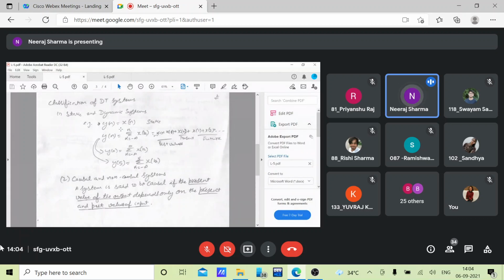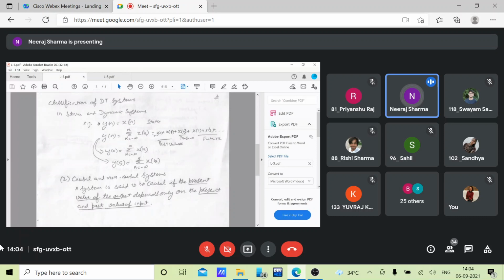If you expand this mathematical expression, that is y of n equal to the sum of x of k for k from minus infinity to n, it will become y of n equal to x0 plus x1 plus x2 and so on for the positive values of k, and for negative values of k, it will be x of minus 1, minus 2, minus 3, x minus 3, x minus 4, and so on.